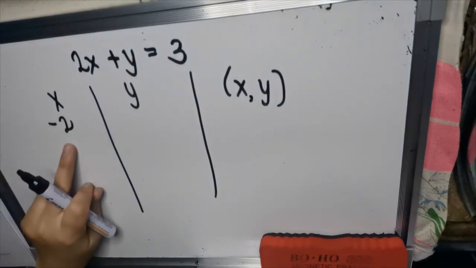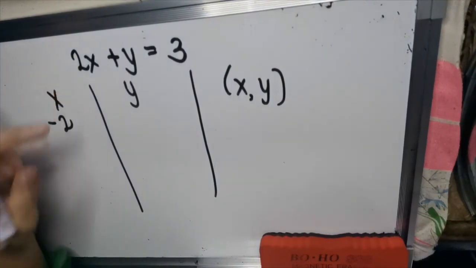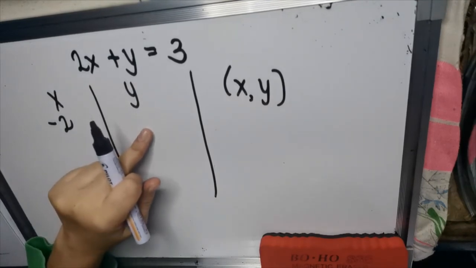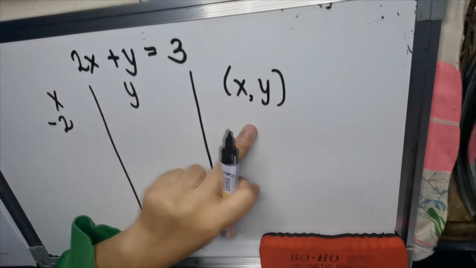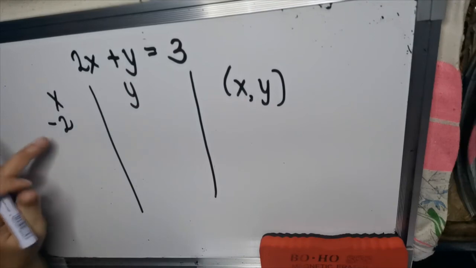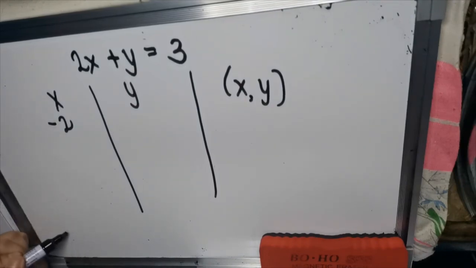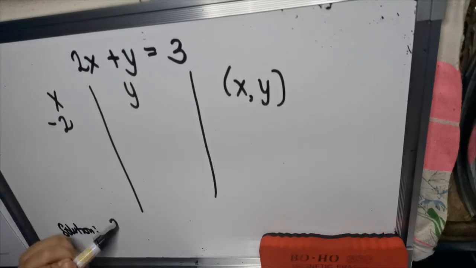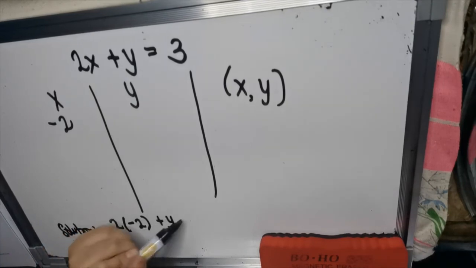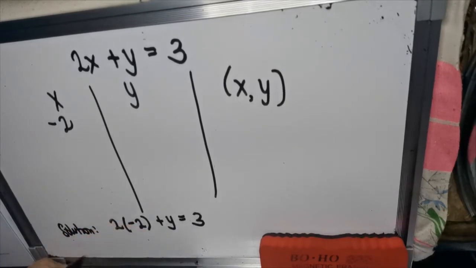So, let's start with negative 2. If x is negative 2, ano yung magiging y value natin? And, ano yung ating coordinates doon that will satisfy? If x is negative 2, so, 2 times, substitute natin si negative 2, plus y is equal to 3. 2 times negative 2, negative 4. Plus y is equal to 3.